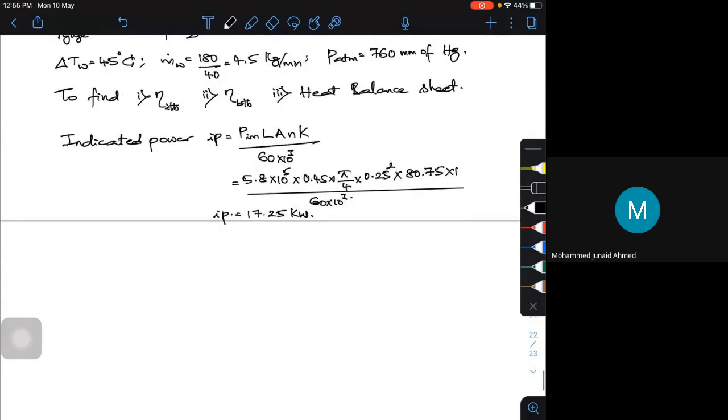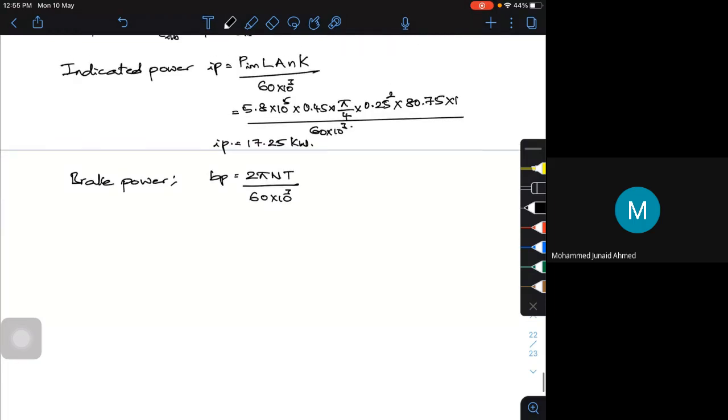Then what is my brake power? Small bp is equal to 2 pi N T by 60 into 10 to the power of 3 if you want it in kilowatts. What is the torque? Torque is equal to your net load into R drum. What is the net load? It is 80 into 9.81 into 1.6 divided by 2, that is 0.8.